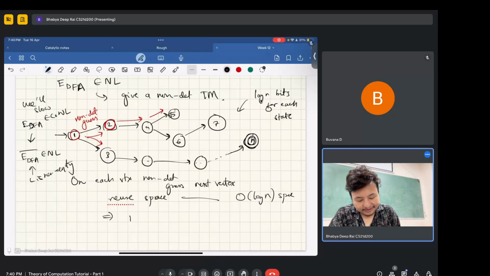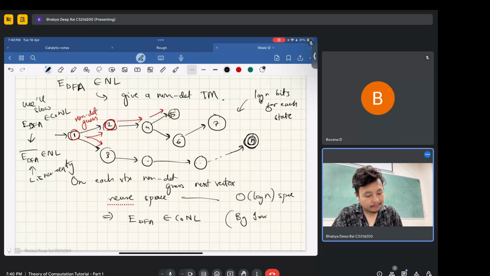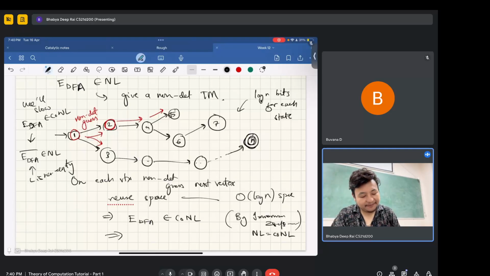This means EDFA is in co-NL, but by the Immerman-Szelepcsényi theorem, it was done in the lectures that NL is equal to co-NL. It is closed under complement. So if NL is equal to co-NL and EDFA is in co-NL, it means EDFA is in NL.